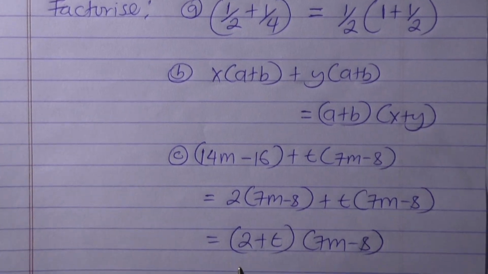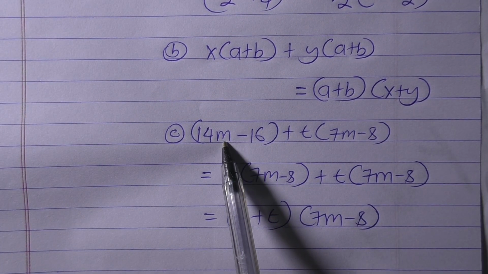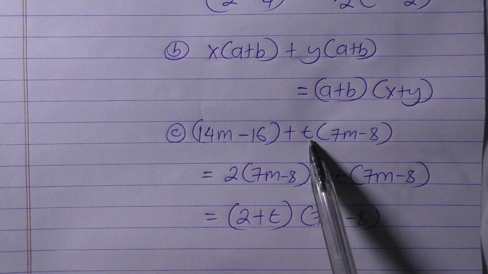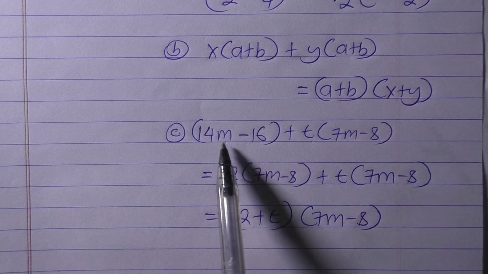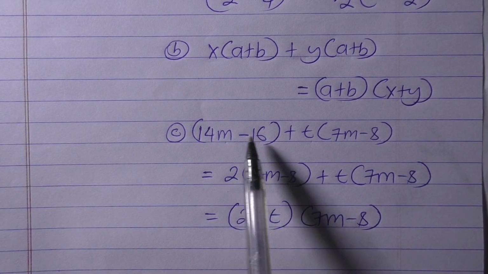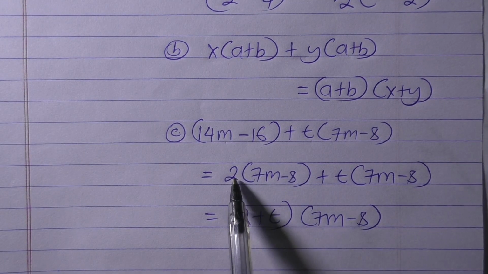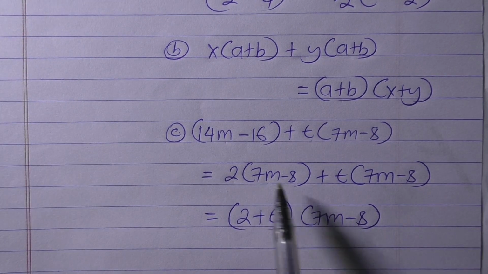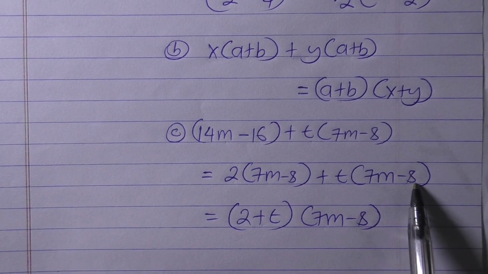Then in part C, we have 14m minus 16 plus t into 7m minus 8. So you realize that this first bracket has something common, and that is a 2. So when we pull out the 2, we shall remain with 7m minus 8 plus 2 into 7m minus 8.